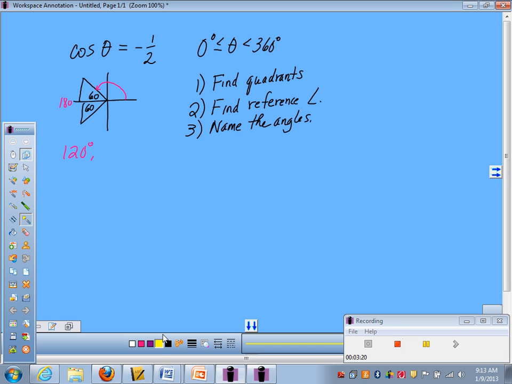Then name the other angle, start at 0 going around to the second one. How many degrees is that? Well, you're at the 180 line, but you're going 60 more past it, so you get 240. So your answers in this case are 120 degrees and 240 degrees for your two angles.